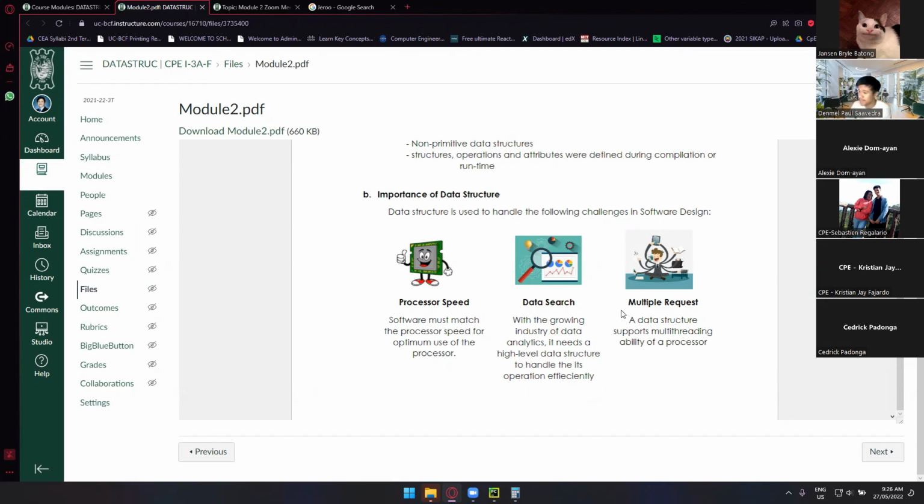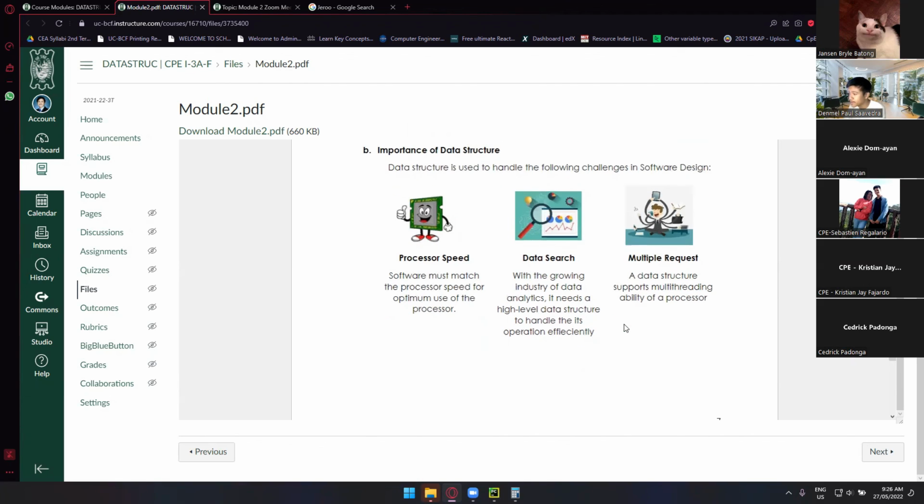Of course, that depends on the processor itself and how many processes it can handle at a time. Before, we had one time, one process, one output; those were the first processors. But right now we have multi-threading, multi-processor processors.